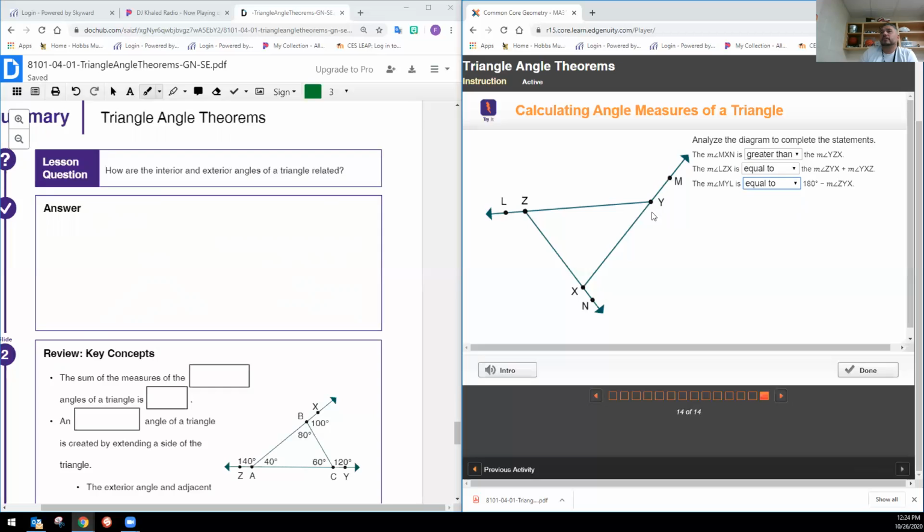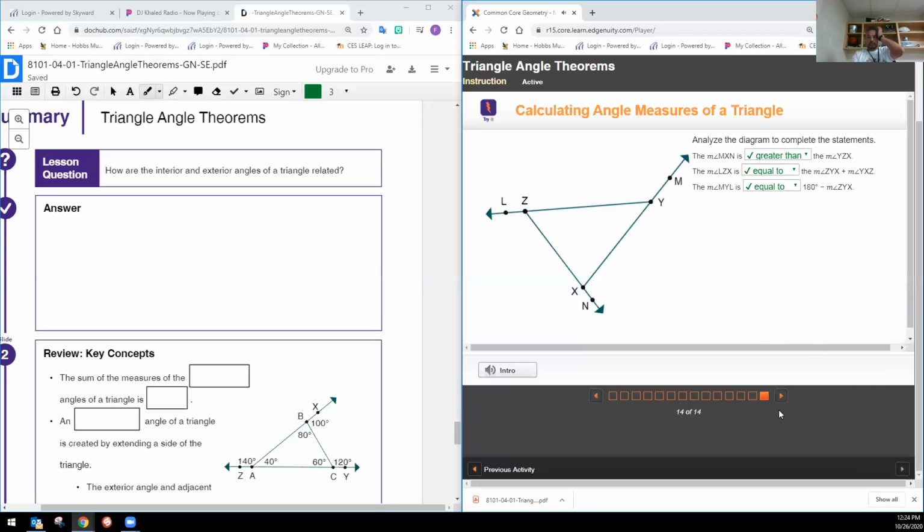Let's see, the measurement of this one is equal to 180 minus ZYX. Yeah, that should be right.